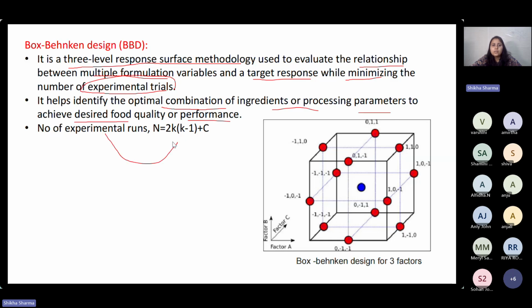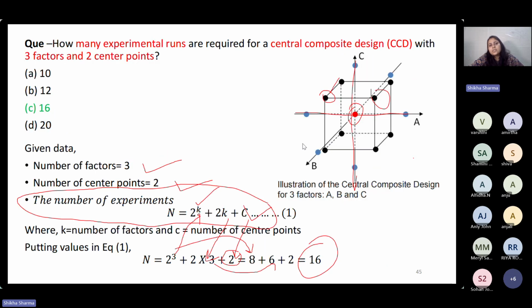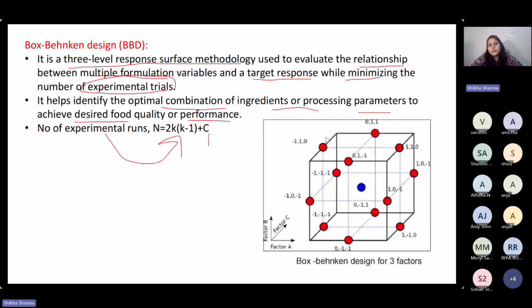Here the number of experimental runs n equals 2k multiplied by (k minus 1), plus c, the center points. So in BBD the number of experiments will be lesser than the CCD model. In BBD, we take points in the middle of the sides, and one in the center.